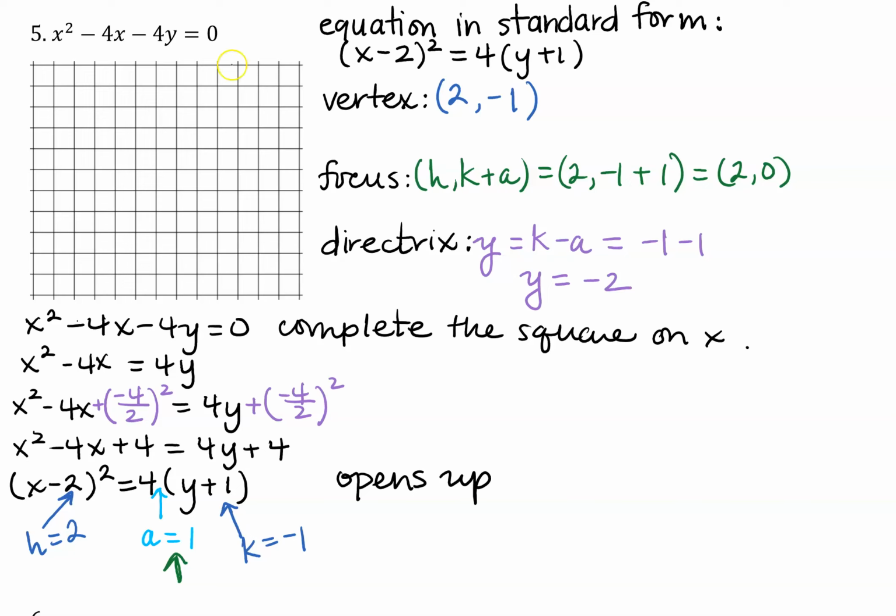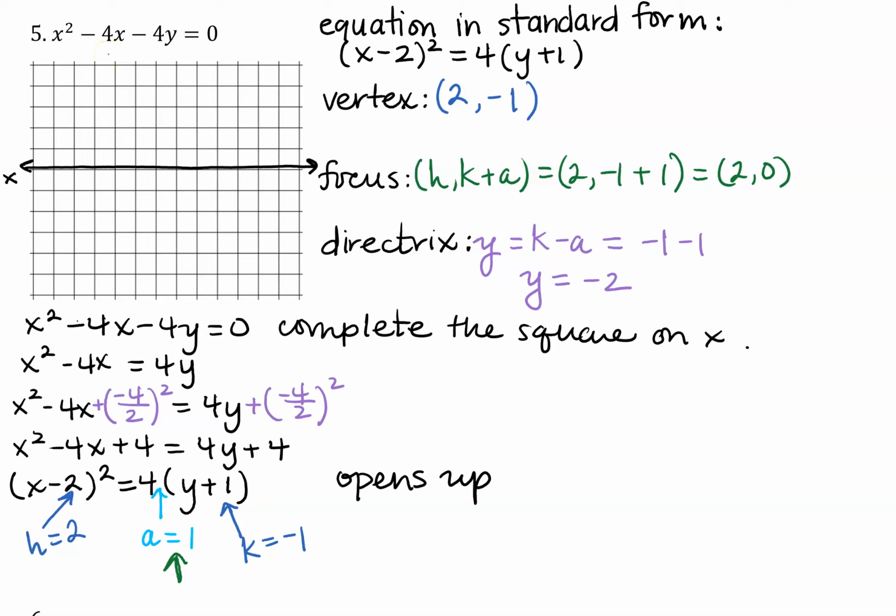And so now we are ready to sketch what this parabola looks like. I'm going to go by 1s on both my x and my y-axis. I'm going to start by plotting the vertex. The vertex is at the point 2, negative 1.